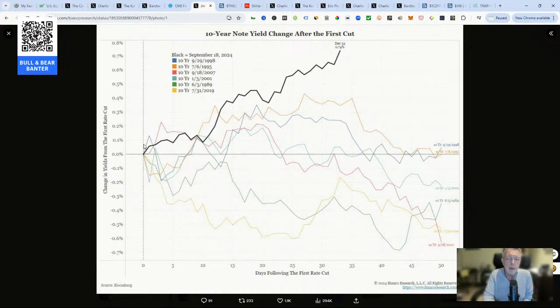The problem is that we've never, ever gone out, since this was published, I guess a day or so, maybe just today, off of Bloomberg, 33 days. Look at where we're at currently. We have never seen a move to the upside in the 10-year yield in a new rate cut regime. This is off the charts.